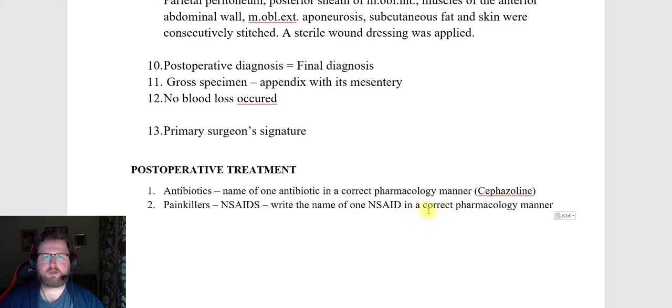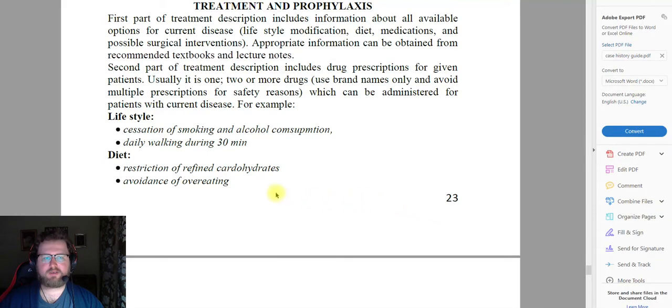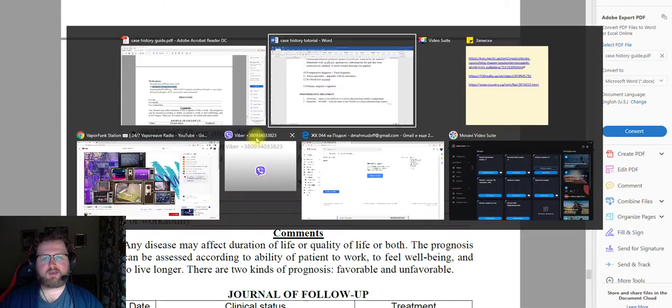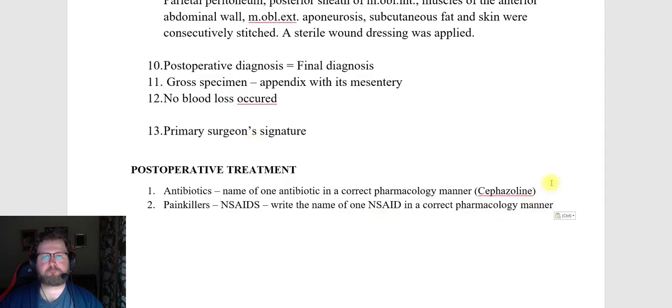What I mean as correct pharmacology manner, you may see that in your manual here. There's an example of metformin for diabetes mellitus, or another example, this is enalapril for hypertension, and you will have to write antibiotic and NSAID in this manner which you were taught to do in pharmacology class.